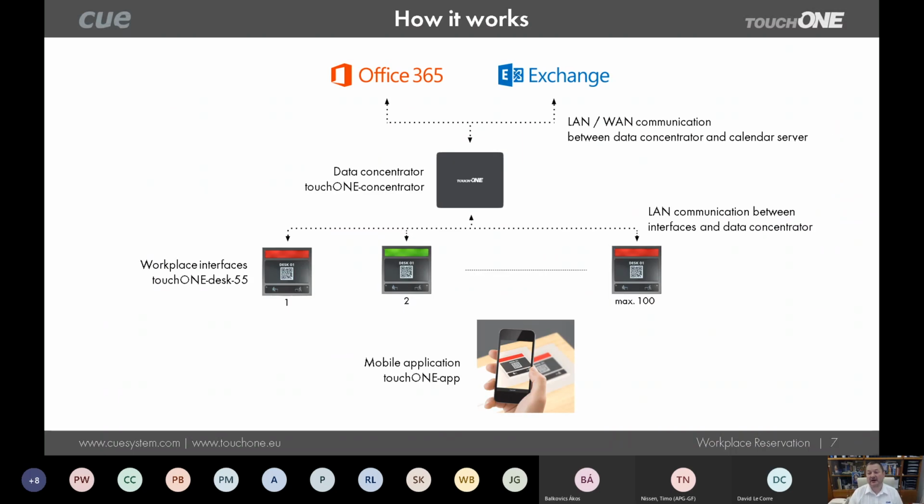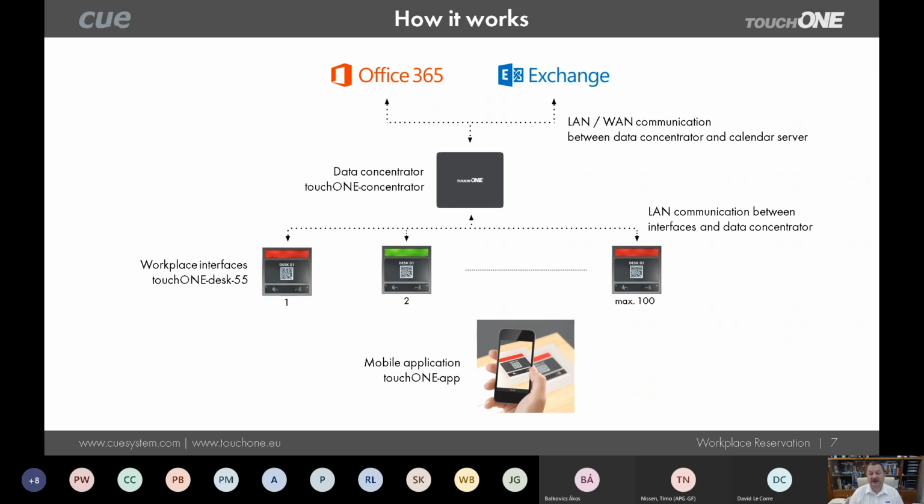If you have a more detailed look, you can understand the philosophy here. So Concentrator is in the middle. On the top, you have your infrastructure, your calendar servers, and at the bottom, you have workplace interfaces.